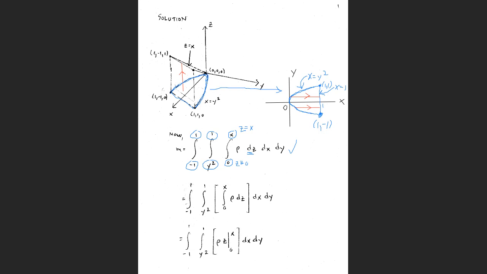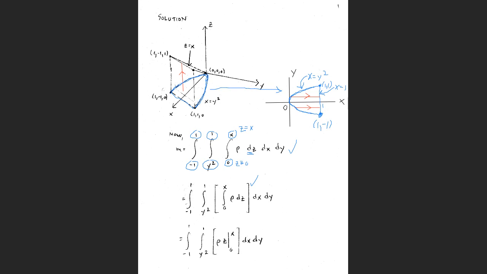All right. Well, so I'm going to use iteration. So I'm going to single out that inner integral right here. I'm integrating with respect to z. So any other variables are held constant, and that rho density is a constant.